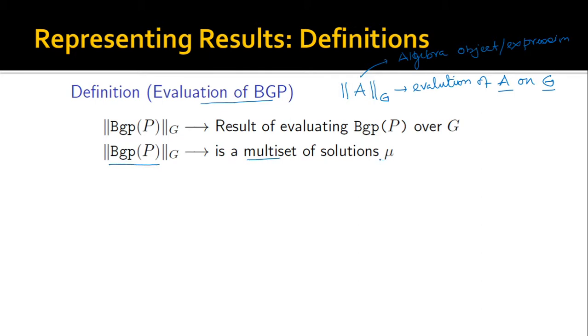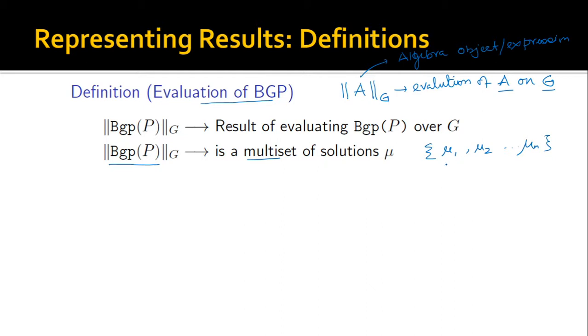So why is it a multiset? Because we are getting a set of solutions like mu1, mu2 to mu n, and these individual mu's are basically the individual rows in your output stream, right? And as we have seen in the last slide, a solution can be repeating, right? So you can have multiple instances of mu1 in this set, right?